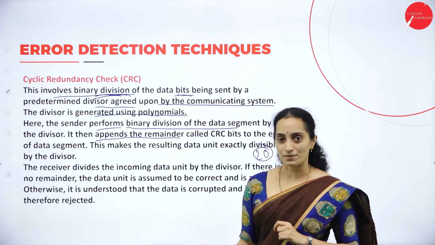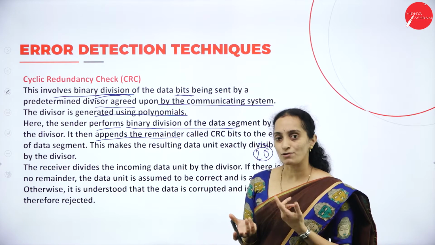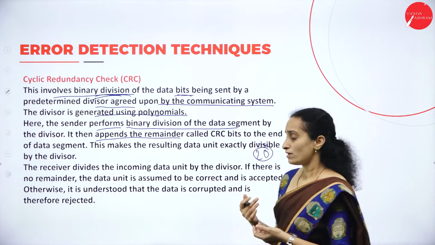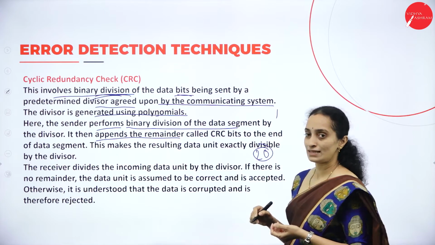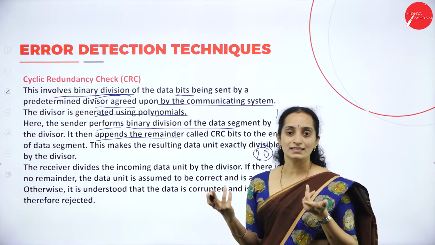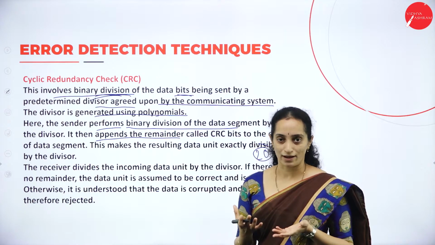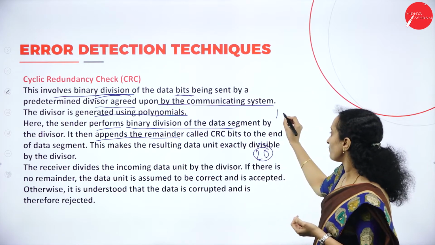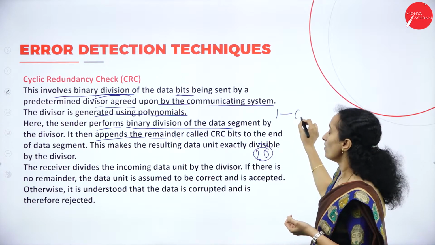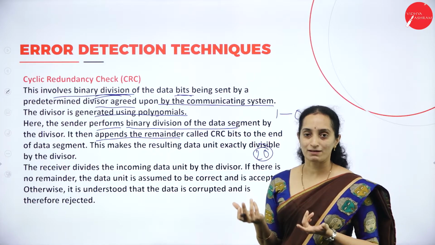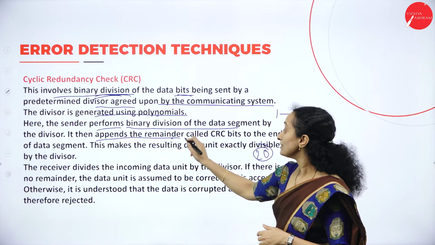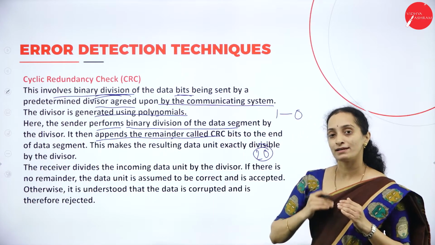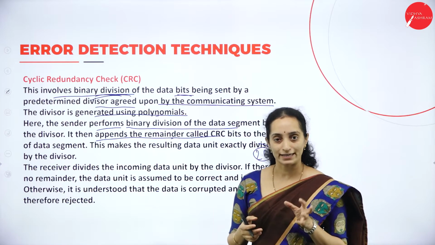When you divide something, you may or may not get a remainder. Since binary division results only in 0 or 1, the possible values of the remainder are 1 or 0. This remainder is appended to the data frame.